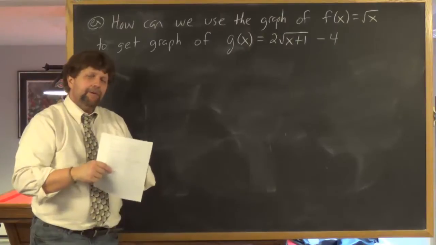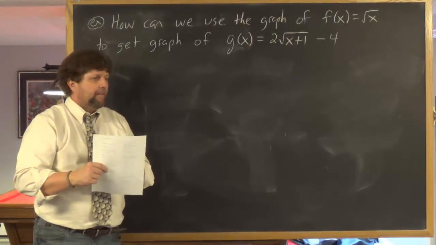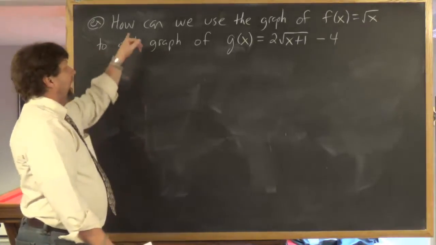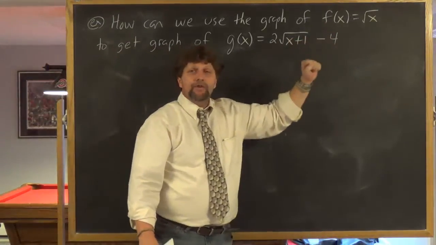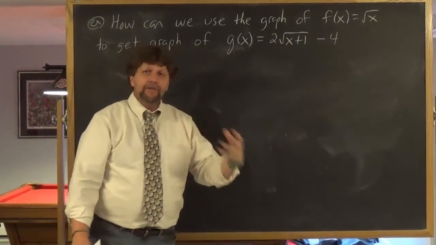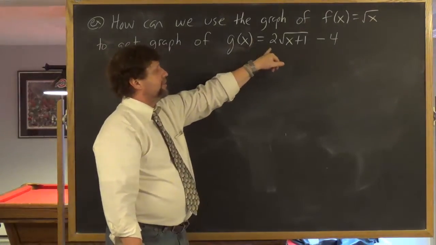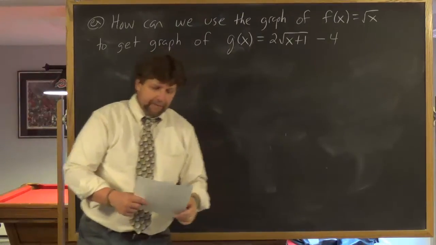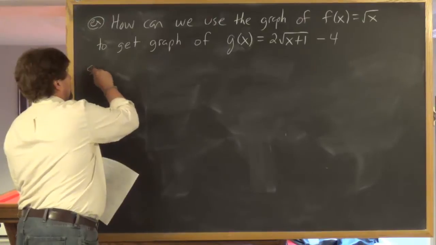All right, in this example I'm going to do the same concept, but it's more descriptive. It's more English oriented. I'm asking, how can we use the graph of f of x equals square root of x to get the graph of g of x equals 2 times square root of (x plus 1) minus 4? Here's how I would look at it.